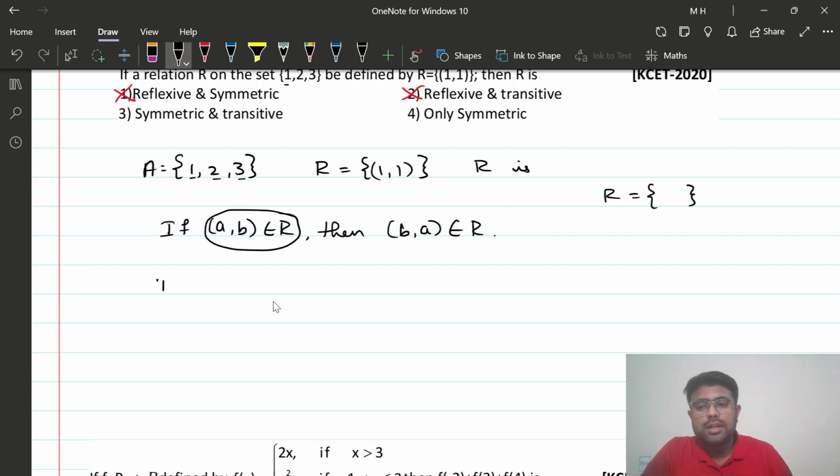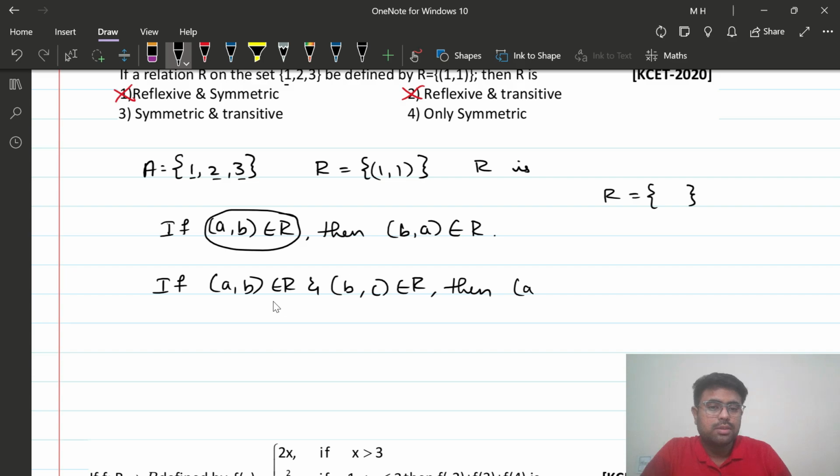And the third definition is the transitive relation. A relation is said to be transitive if (A, B) is in R and (B, C) is in R, then (A, C) must also be in R. That is what it says. If there is an ordered pair AB in R and there is another ordered pair starting with B, then AC must also be in R. For this I need a minimum of how many ordered pairs?